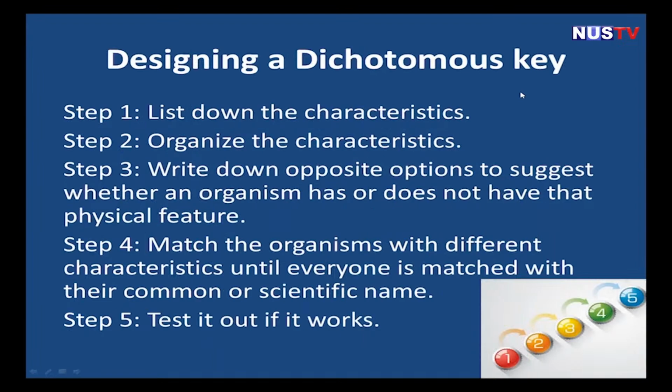Okay, so designing a dichotomous key, it's really easy to design a dichotomous key if you follow or understand the different steps. Step 1 is to list down the characteristics. Step 2 is to organize those characteristics.